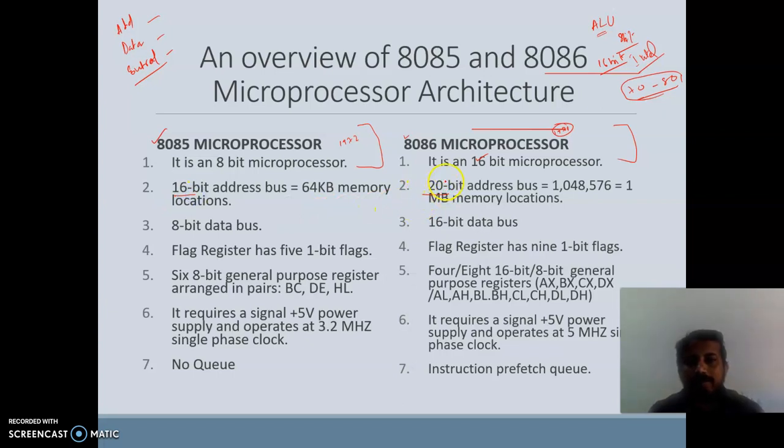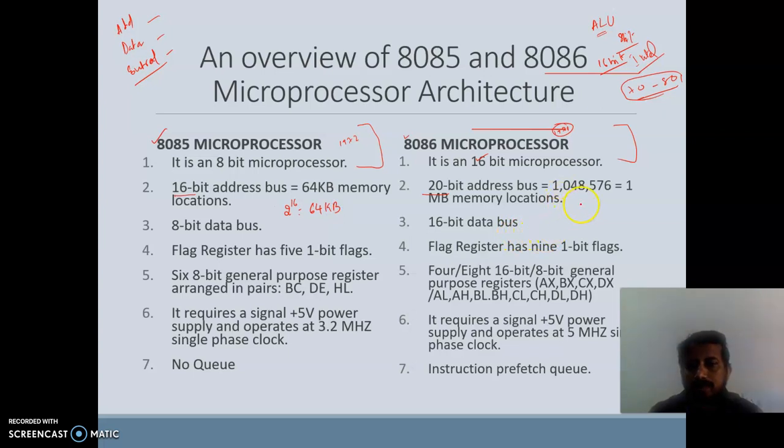What is the difference when you have a different address bus? Each memory location is represented by a binary number, which takes 0 or 1. So with a 16-bit address bus, you can address up to 2 power 16, which is equal to 64 KB of memory.